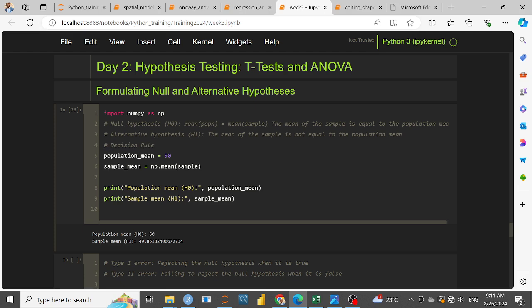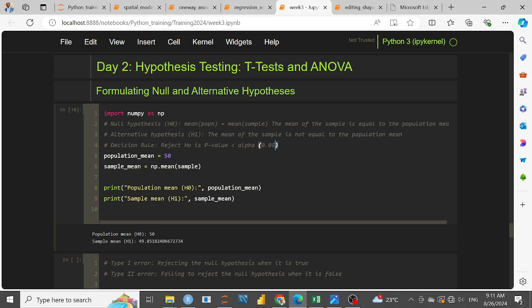Decision rule is reject H0 if p-value is less than alpha, where alpha is the level of significance. So in most cases we use the default 0.05, the probability of committing type 1 error.